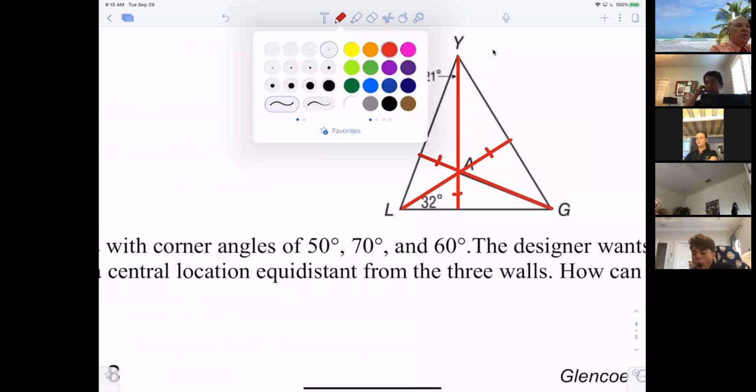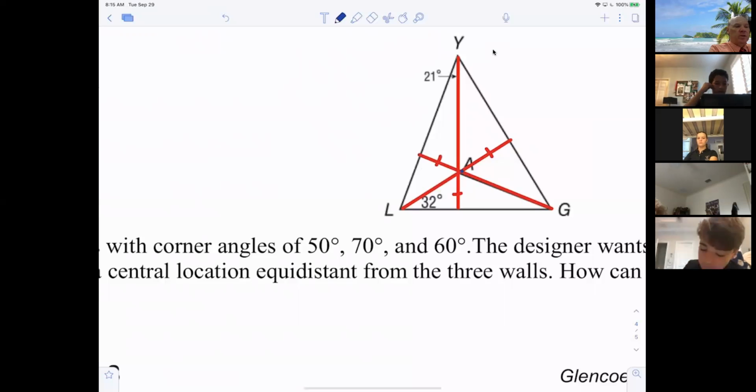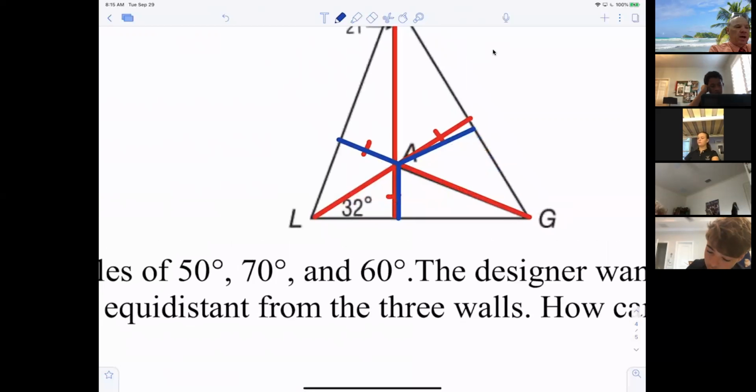I'm trying to show you this yesterday and I didn't do a good job, so I'm going to say it again. Perpendicular, the one that is perpendicular to the side is the same. Now again, sometimes it looks like that is the perpendicular and sometimes it does not, right? Hopefully you understand what I'm saying on that, all right? Now the blue lines would all be equal. That's how I know it's not a very good picture, all right?